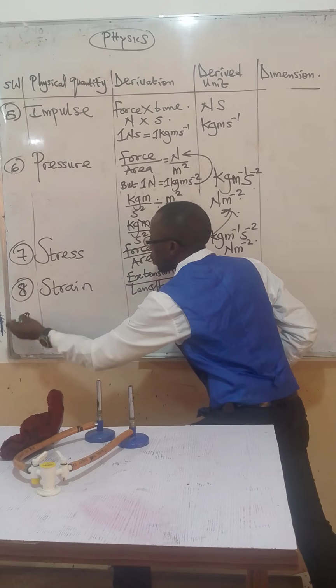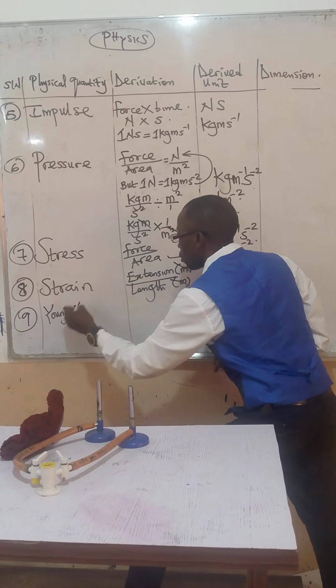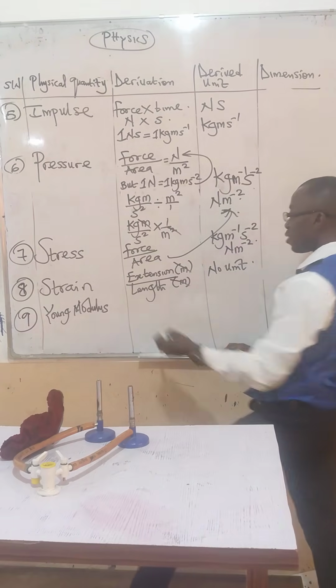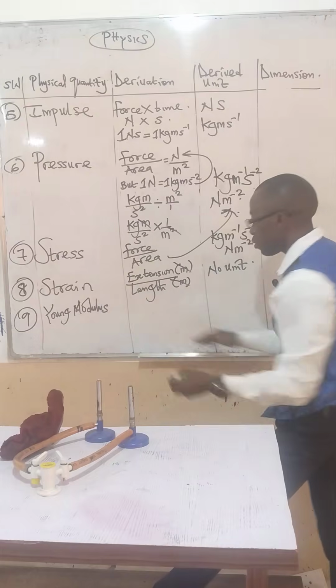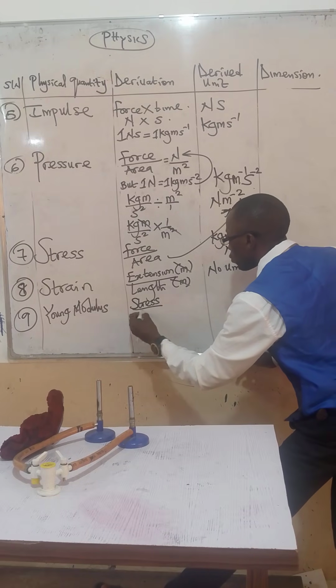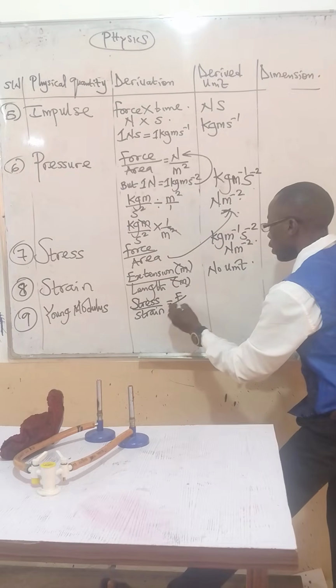Then similarly, you can pick again Young modulus. And Young modulus is your stress divided by strain. So we have that as stress over strain. Stress is force over area.